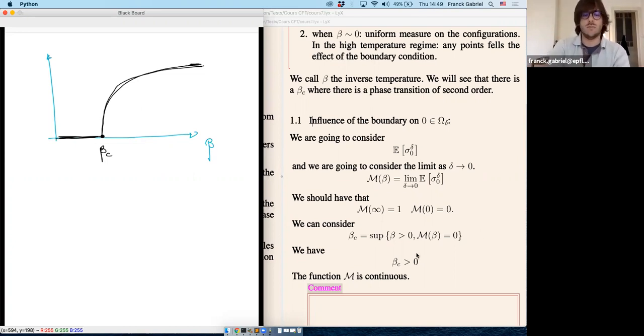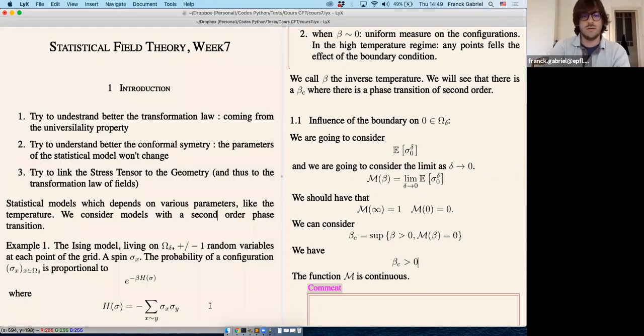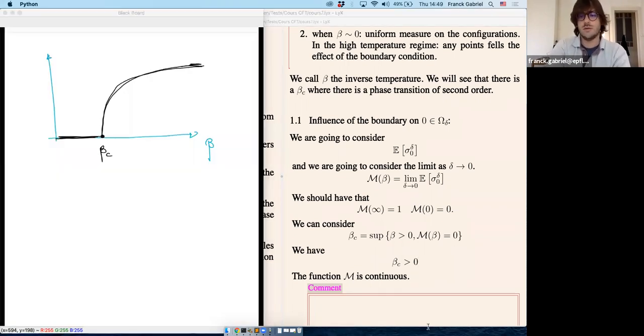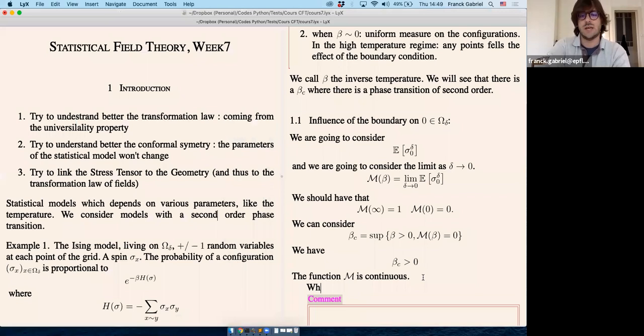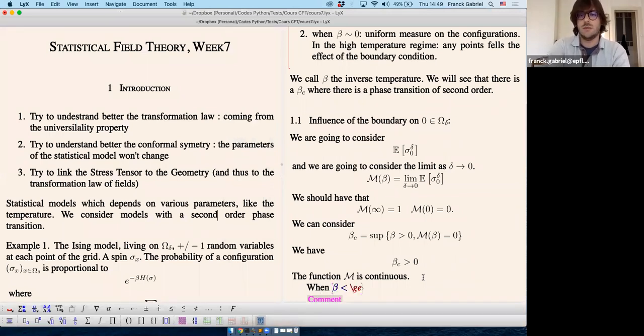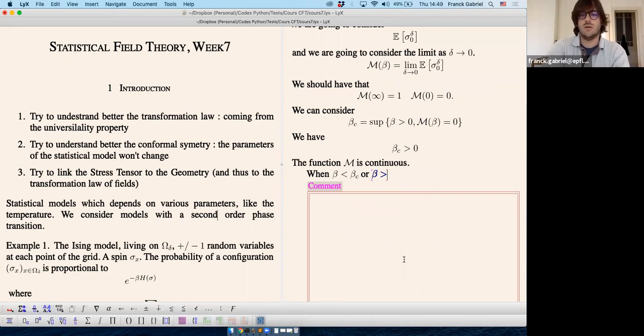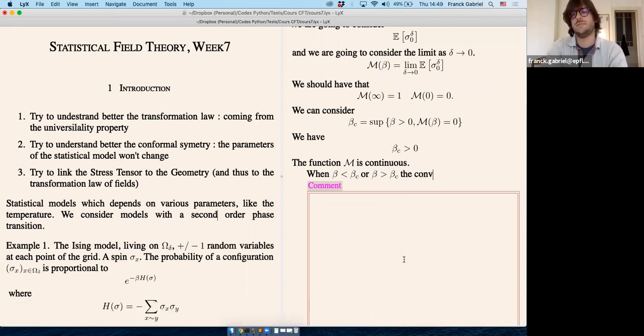So what we have is, when beta is smaller than beta C, or beta is bigger than beta C, the convergence is exponentially fast.